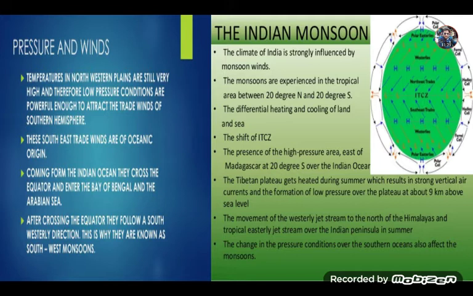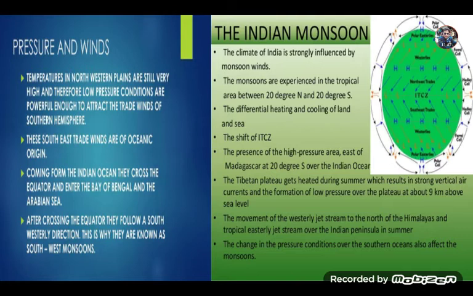And the differential heating of land and sea takes place during summer season, land gets heated very fast. Therefore, the formation of low pressure takes place. And in sea, we find the creation of high pressure. Then intertropical zone of convergence shifts towards India, towards Tropic of Cancer, which attracted the trade winds towards India also.